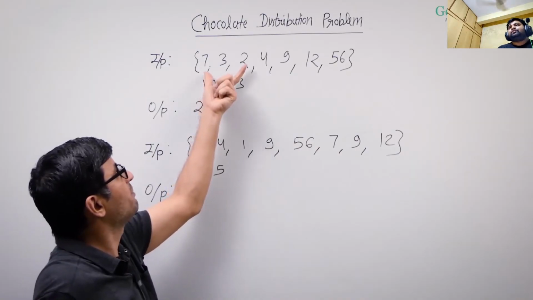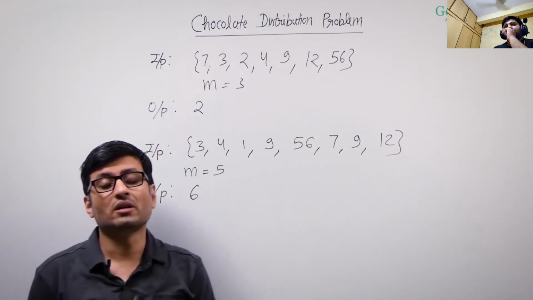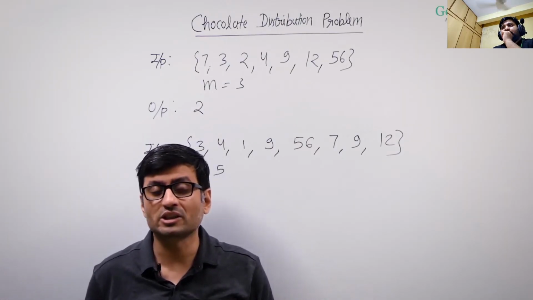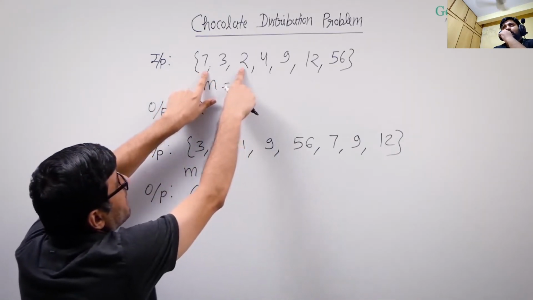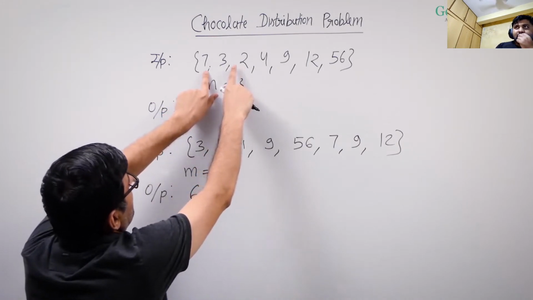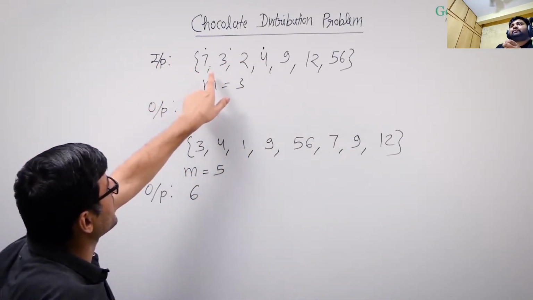So we need to pick 3 packets from this array such that the difference between the minimum and maximum of these 3 picked elements is minimum. Say you pick these 3 elements. What is the difference between minimum and maximum? 5, right? Say you pick these 3 elements, 7, 3 and 4. What is the difference between minimum and maximum?